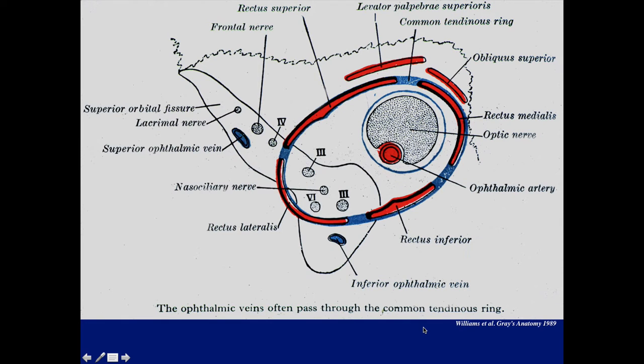So if we look at this diagram of the orbital apex, we can see the complexity of this region. Here we have the large optic nerve and the ophthalmic artery, which I'll demonstrate again. And then we have all these various nerves going through the superior orbital fissure: two divisions of the third nerve, the sixth nerve, the fourth nerve, the ophthalmic vein, and the various branches of the ophthalmic nerve.